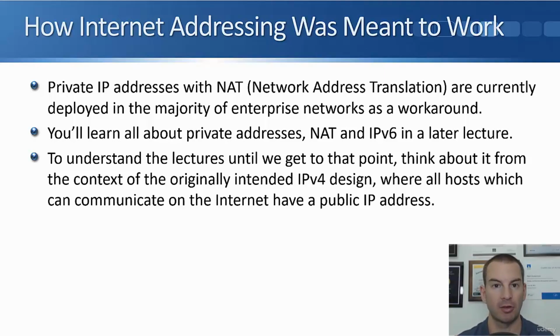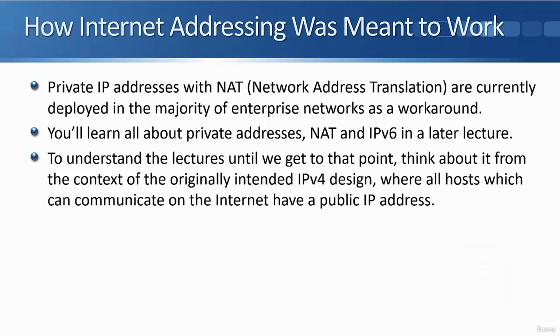Again, we're going to discuss private addresses, NAT, and IPv6 in a lot more detail as we go through the course. But as I was saying, to understand the next few lectures, don't think about private addressing, NAT, and IPv6 yet. We're going to get to there later. To understand why we have those and how they work, you need to understand the original implementation first. So that's what we're going to cover first.